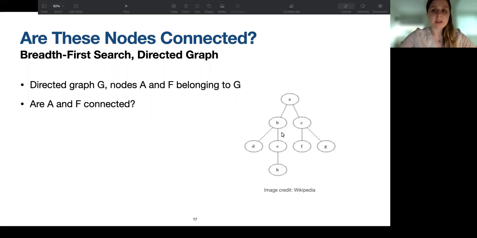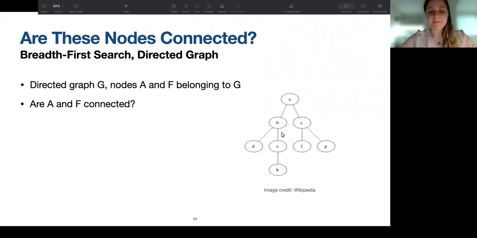And the problem that I suggest you to think about is, given a graph and given two nodes, which we know are in this graph, can we answer the question whether these two nodes are connected in the graph or not? And by connected, I mean that there is a path from the first node to the second node. So if you start at your first node and follow some of the edges which go out of it, will you eventually arrive at the second node, or will you not?